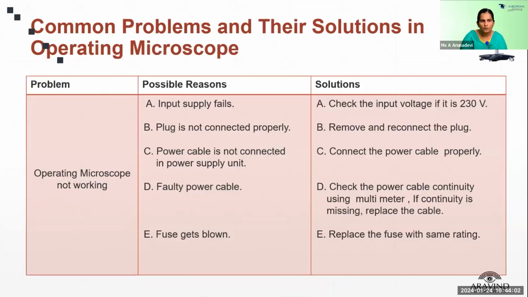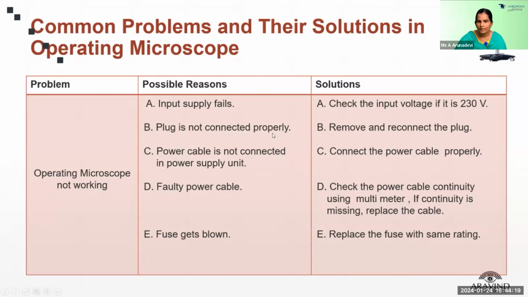Let me move on to some common problems and their solutions in operating the microscope. If the operating microscope is not working, first we need to check the input supply. Check that the input voltage is 230 volts. Sometimes the plug is not connected properly; remove and reconnect the plug.